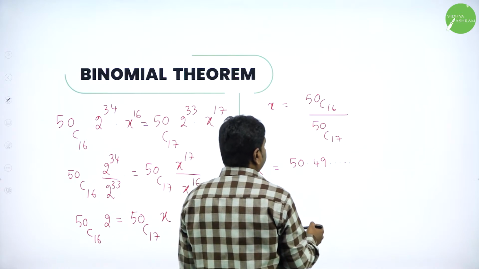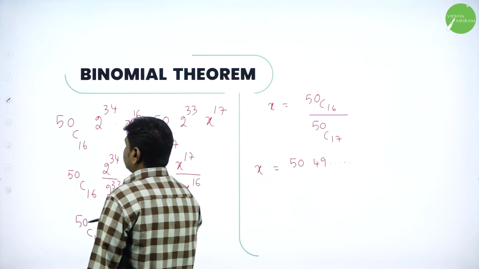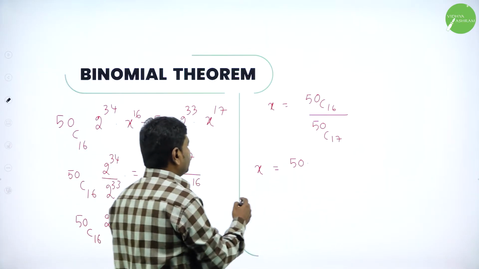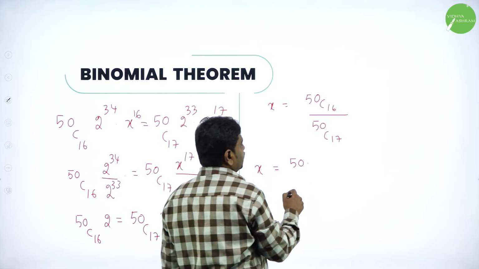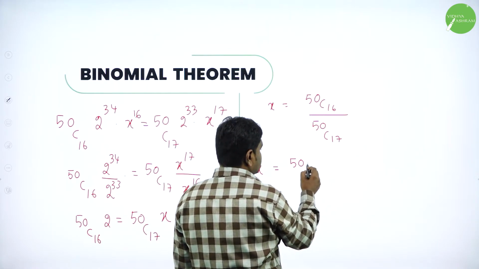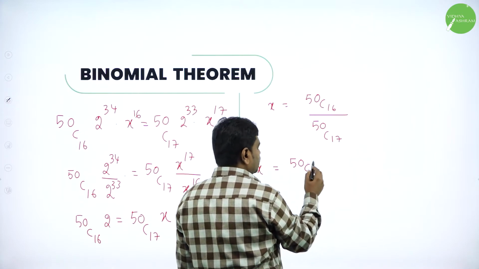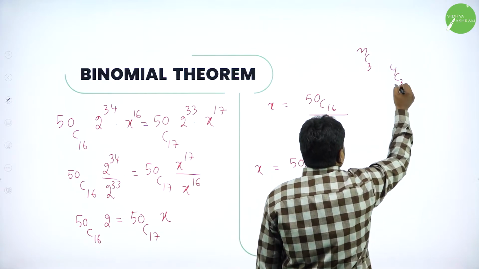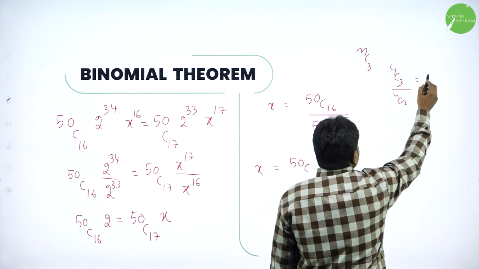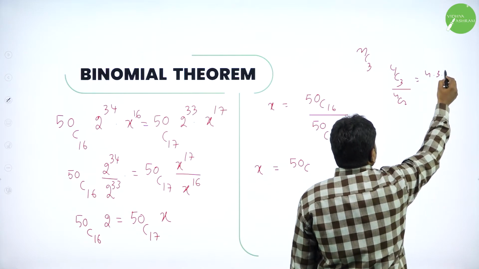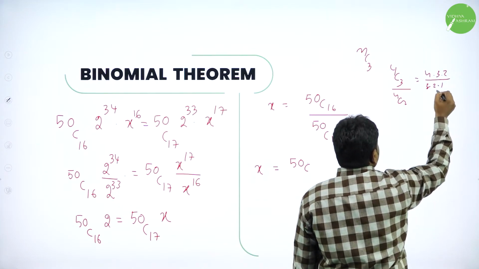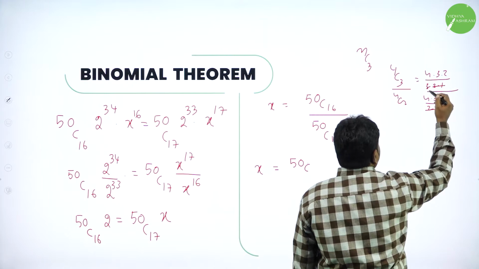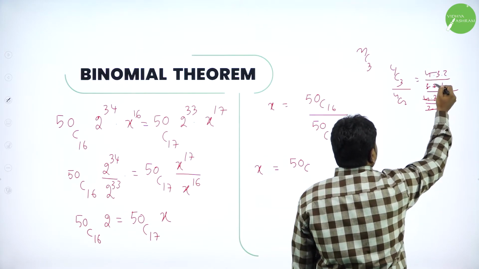If you expand 16 terms or simplify this, all the terms cancel except... For example, nC3 and nC2 if I divide, first for example 4C3 and 4C2 if I divide. 4C3 means 4, 3, 2 divided by 3, 2, 1, divided by 4, 3 divided by 2, 1. Here 4, 3 and 4, 3 cancel, 2 by 3 will be left out.